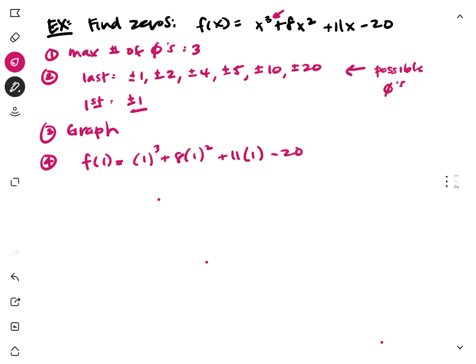And we just check that it was equal to 0. So that's going to be 1 plus 8 plus 11 minus 20. 1 plus 8, 9, plus 11, 20. 20 minus 20 is 0.